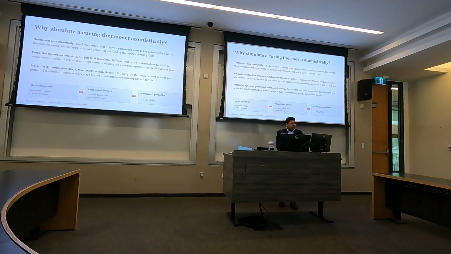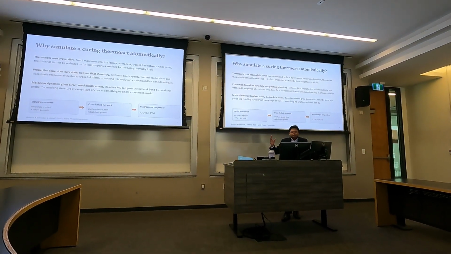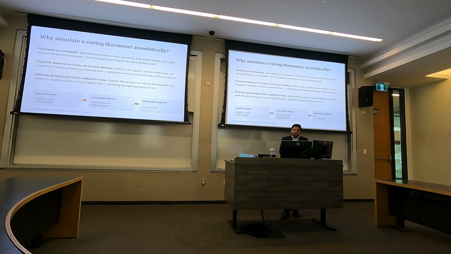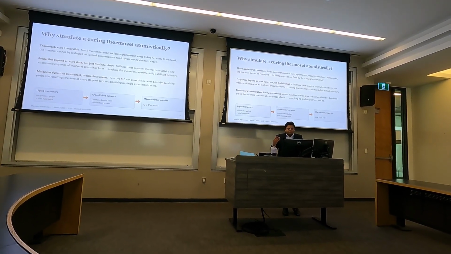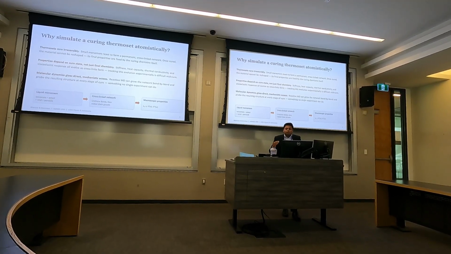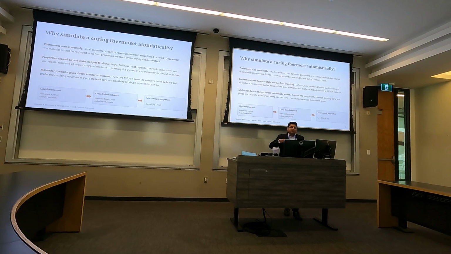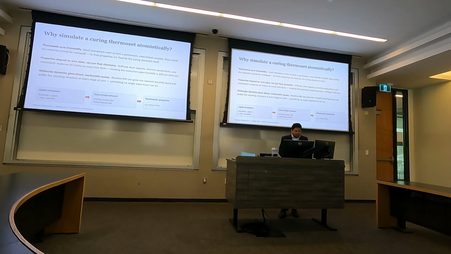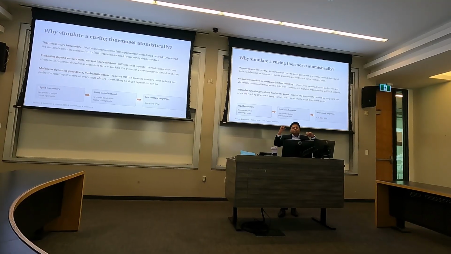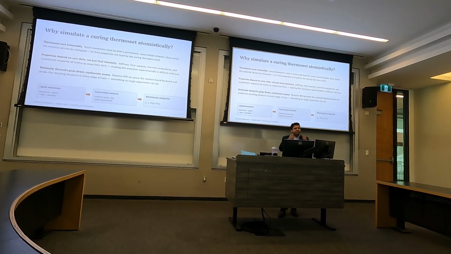So the question is, why simulate a curing thermoset atomistically? We also have coarse-grained models, but why are we doing it at an atomic level? Thermosets are a sort of polymer which, once cured, cannot be reversed, unlike a thermoplastic, which can be melted and reshaped. Small monomers react to lock into a permanent cross-linked network, which ultimately makes this material stiff and hard.